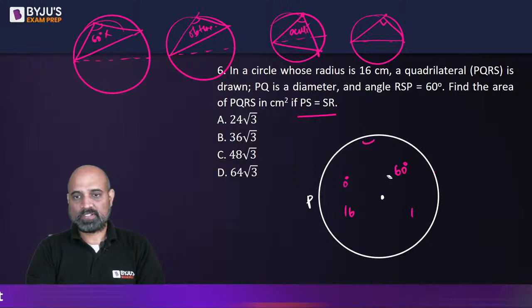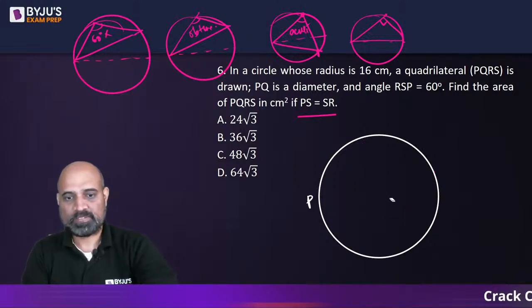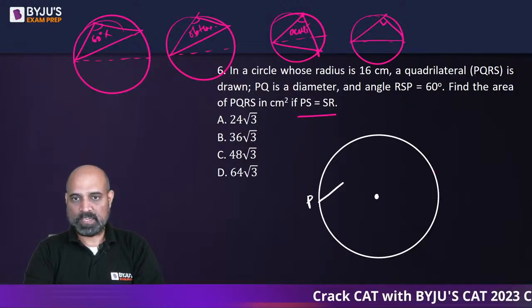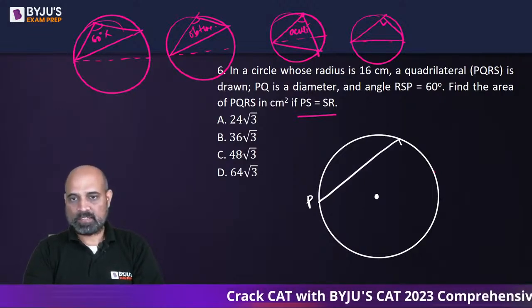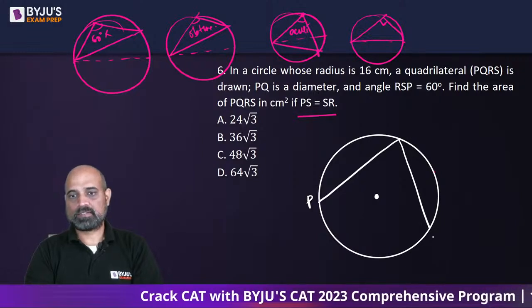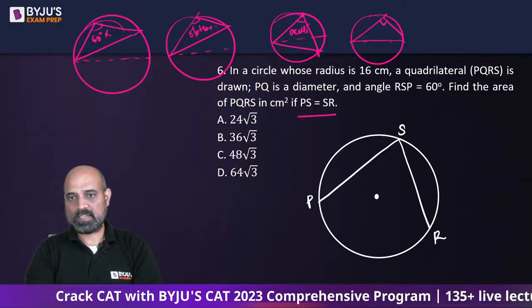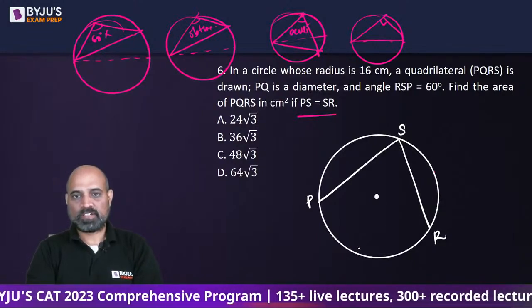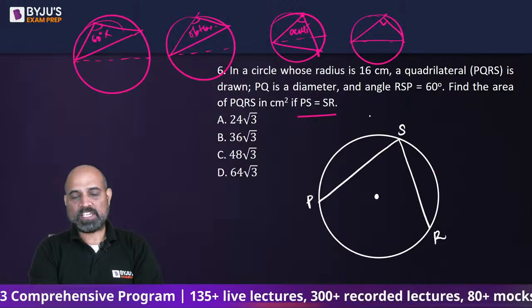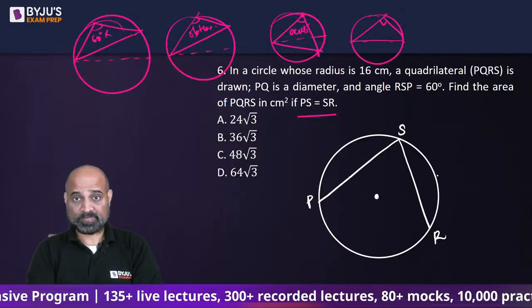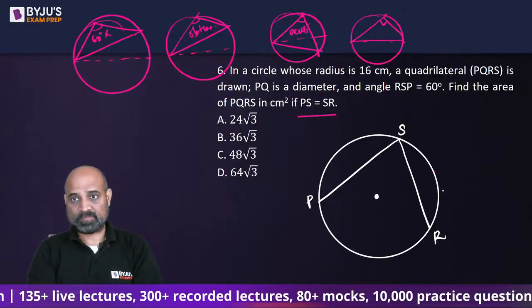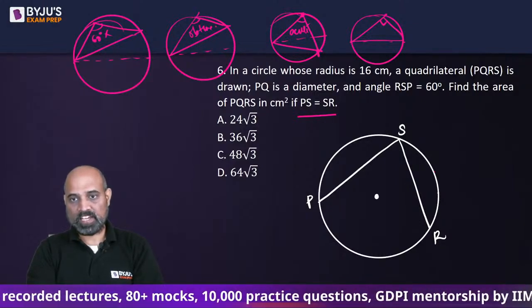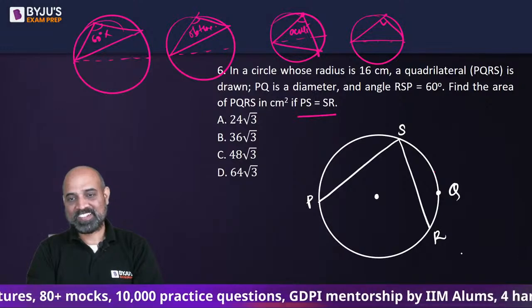So R is going to be, so this is PS, this is SR, and it says PQ is the diameter. Now PQ has to be diameter.